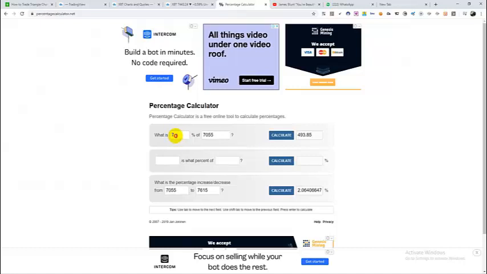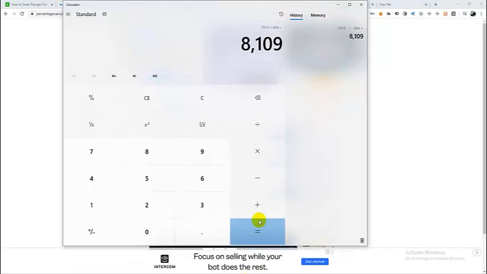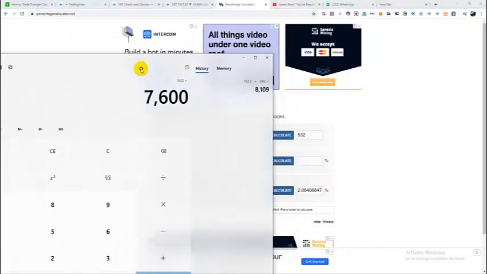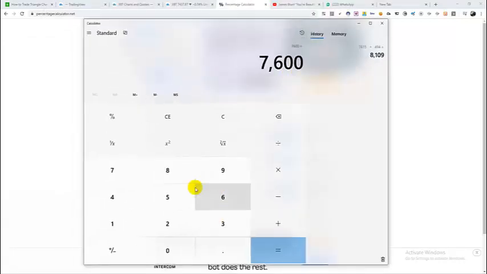So I just say 7% of 7,600, which gives me 532. So I'll add this 532 to 7,600. That's where I'm expected to take profit. I just use my calculator: 7,600 plus 532 gives me 8,100.